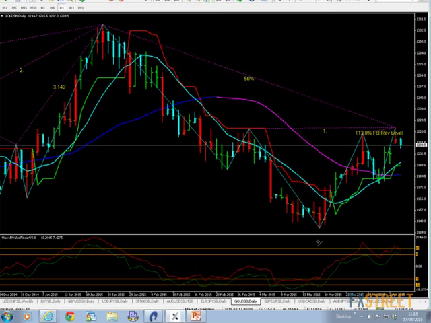So what could be about to happen is that, having seen that move up there, followed by this correction, the question is, is this going to carry all the way on up to maybe that 1250, 1260 level?